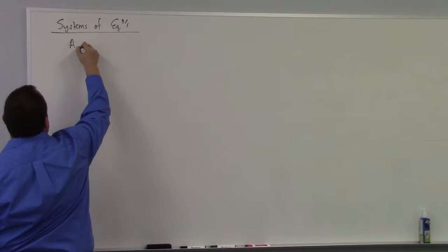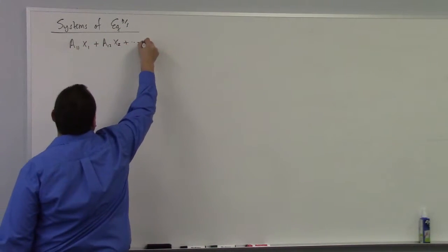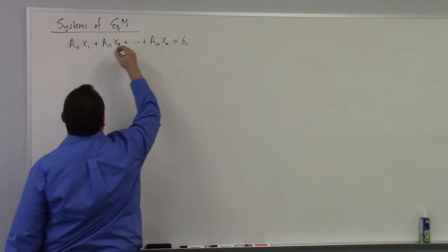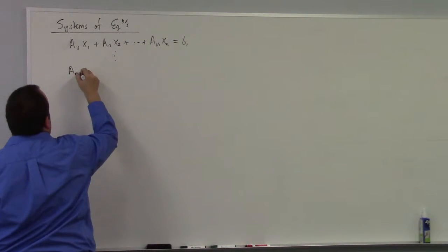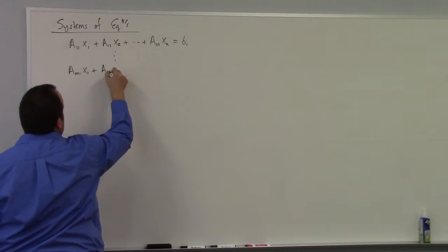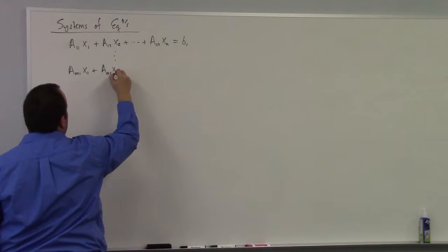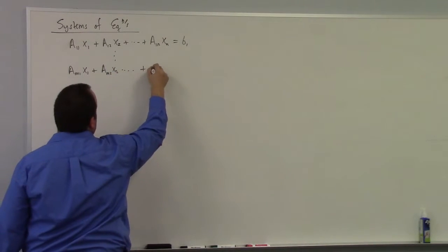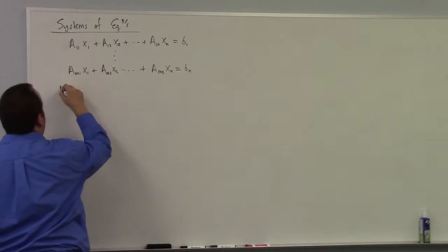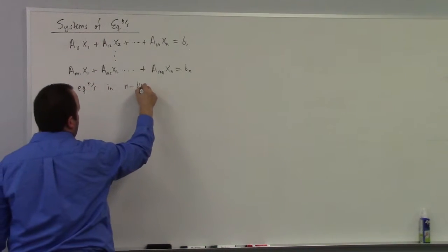It's a11 x1 plus a12 x2, plus a1n xn equals b1, and so forth. If I have m equations in n unknowns, it looks like this. So here we have m equations in n unknowns.